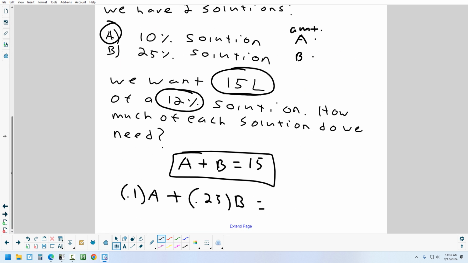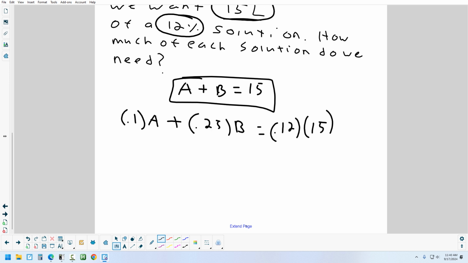What's the final concentration of the mixture? 0.12, and times the total is, what's the total? Yep, 15. We can clean that second equation up a little bit. Let's just say 0.1a plus 0.25b.